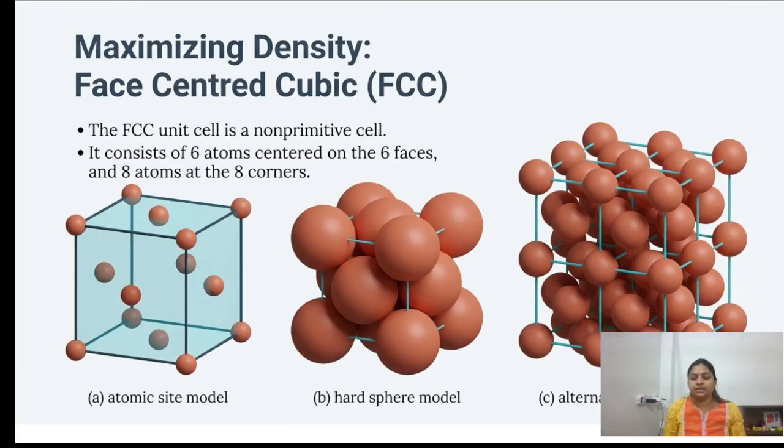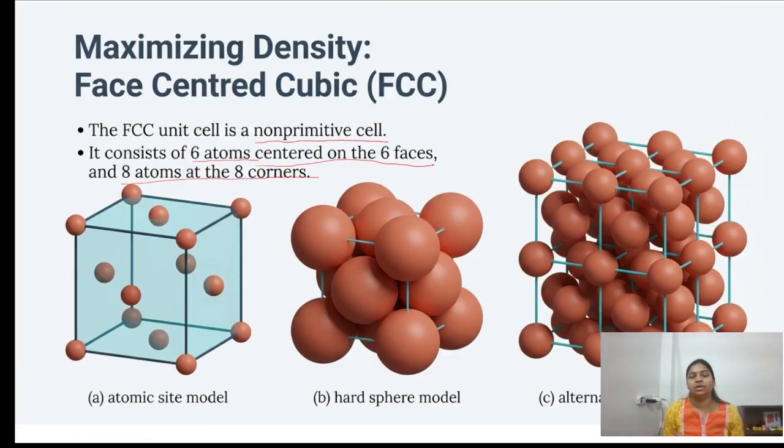The FCC structure, the face-centered cubic structure, is a non-primitive cell. It consists of 6 atoms centered on each of the 6 faces and 8 atoms at the 8 corners.